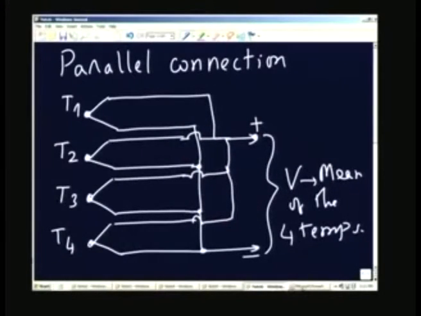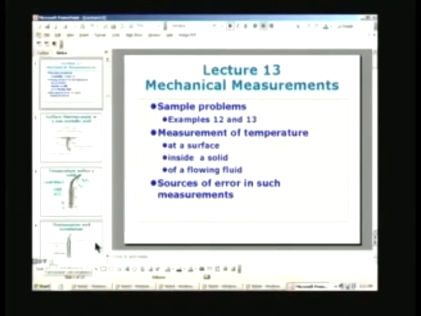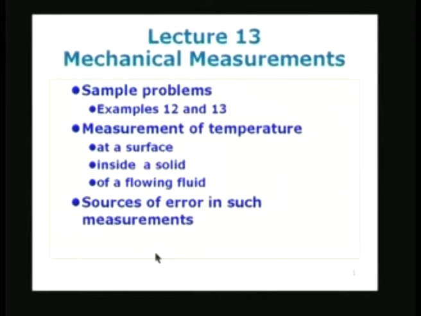So, with these examples, I will go back to the slides where we were talking about the things we are going to cover in the present lecture. We have looked at examples 12 and 13, which were worked out on the board.